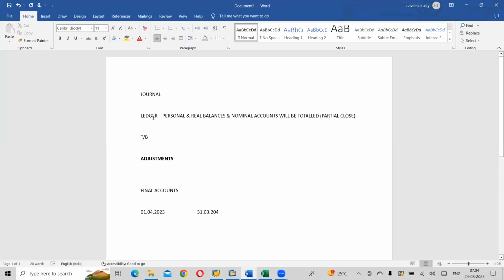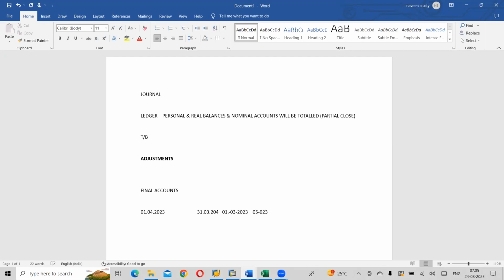After partial closing, it is not possible on 31st March to close my lakhs of ledger accounts. So normally in manual accounting, they would start closing the ledgers on 1st March of 2023, and they would have done this activity by 5th of March.